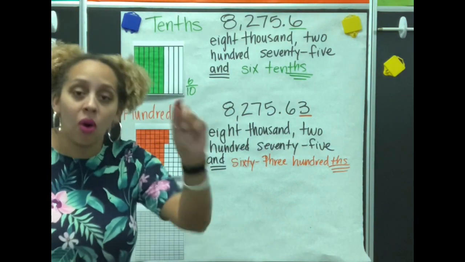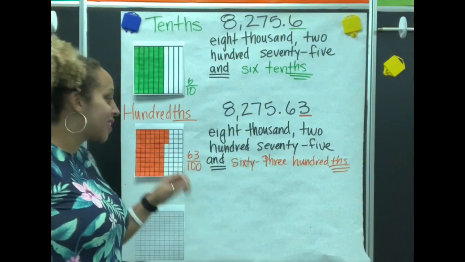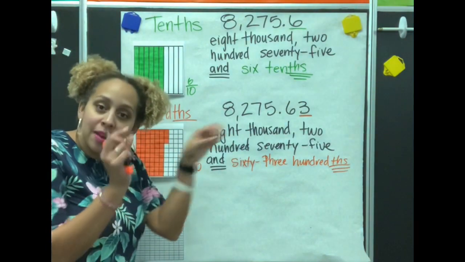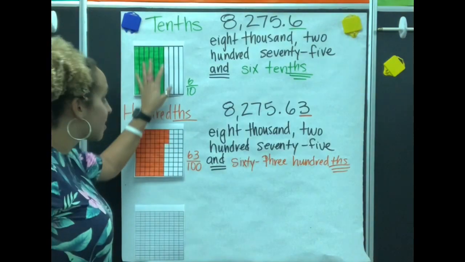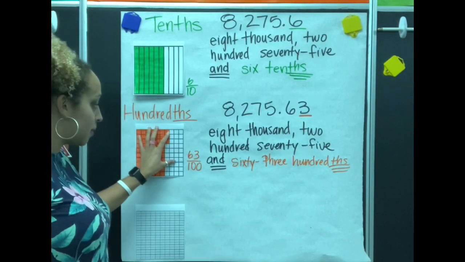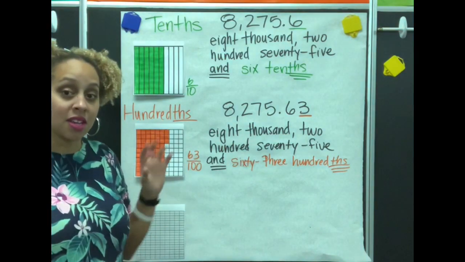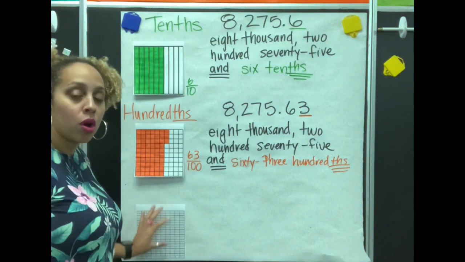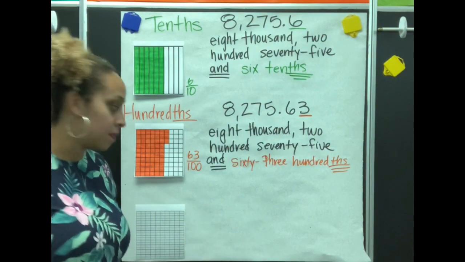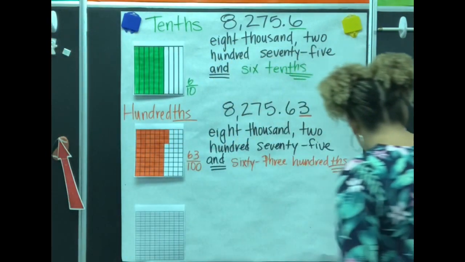We took one whole and we split it up. We didn't take a bunch of ones and put them together. No, we took one whole and we broke it into 10 pieces. Then we took those 10 pieces and we split them into 100 pieces. Now we're about to take those 100 pieces and split each one of them into 10 more pieces, making it 1,000. So we're going to move on to the thousandths.